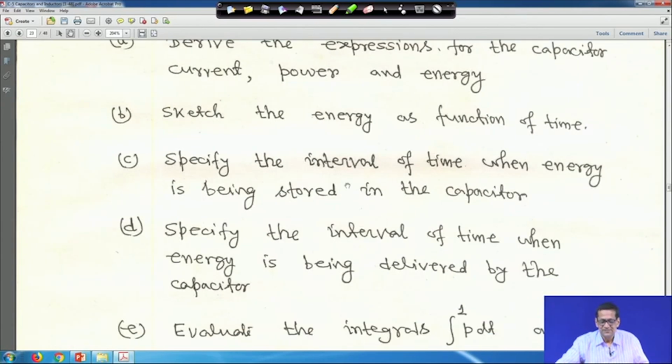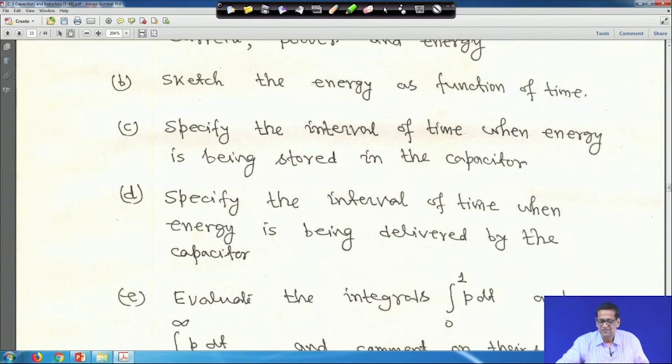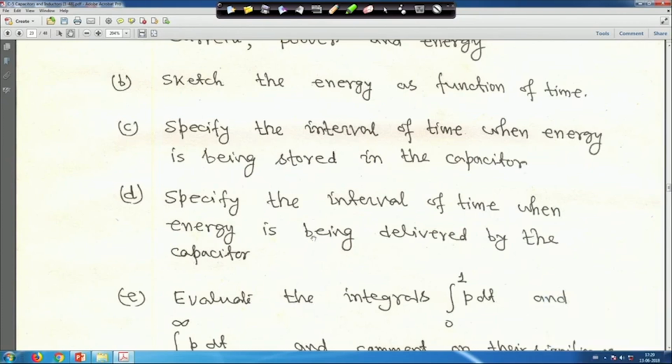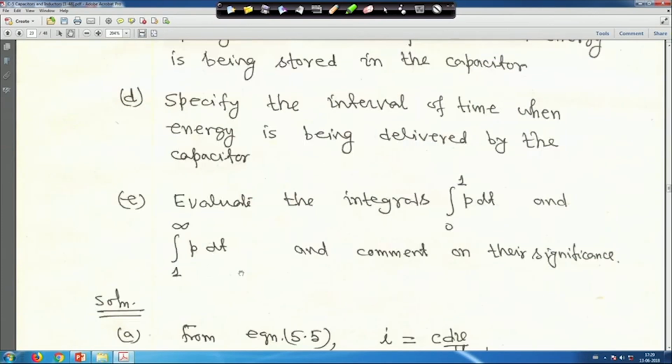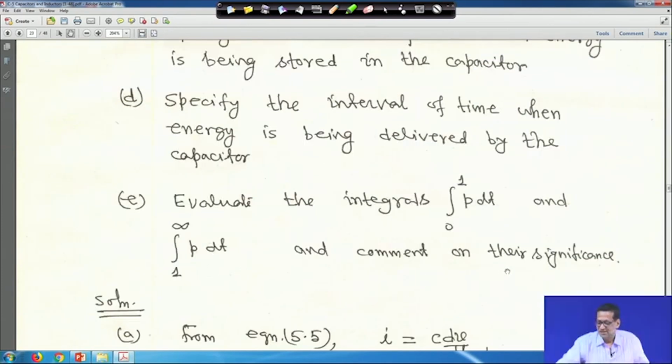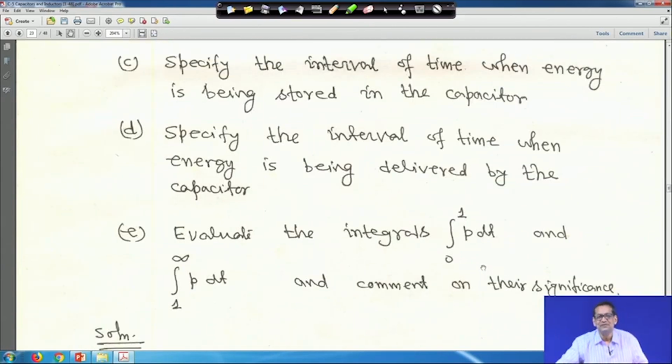C, specify the interval of time when energy is being stored in the capacitor, or specify the interval of time when energy is being delivered by the capacitor; based on certain convention we will find that easily. Then evaluate the integrals 0 to 1 p dt and 1 to infinity p dt and comment on their significance. So, thank you very much, we will be back again.